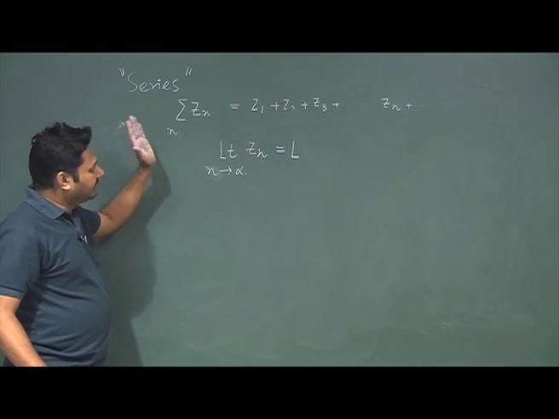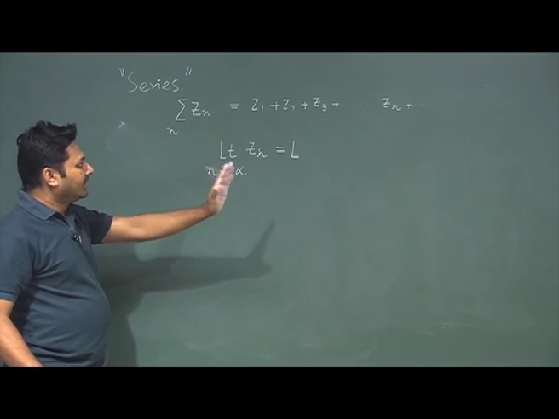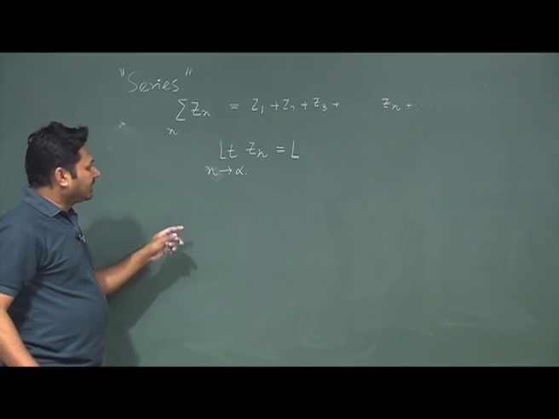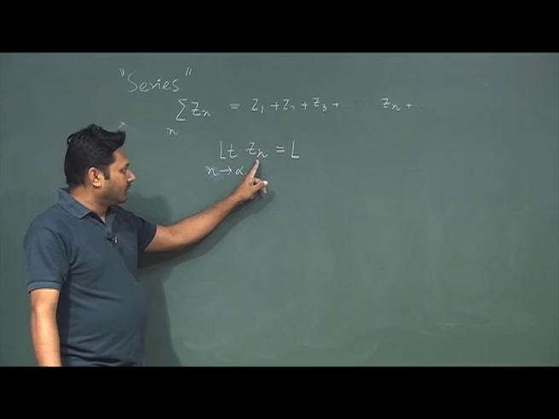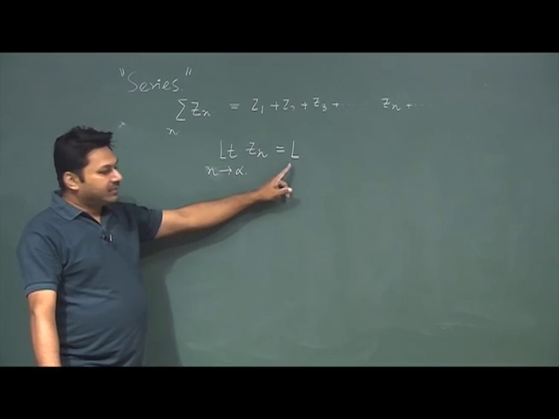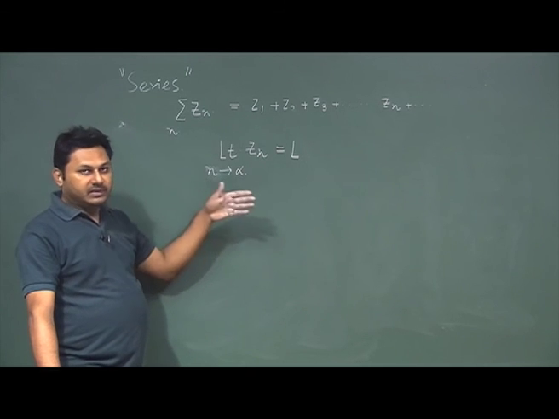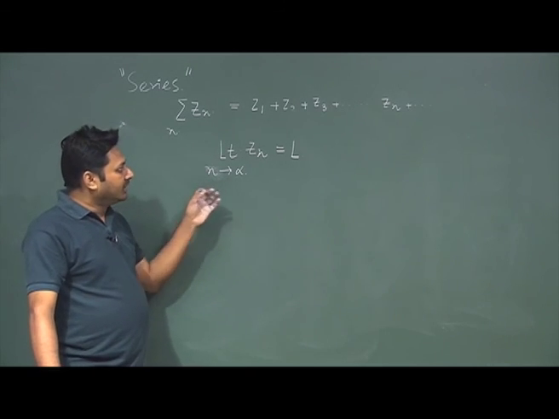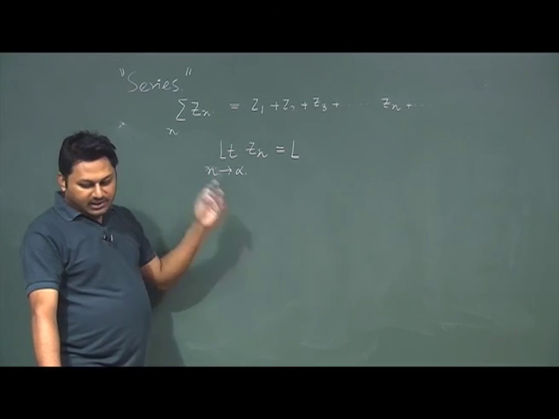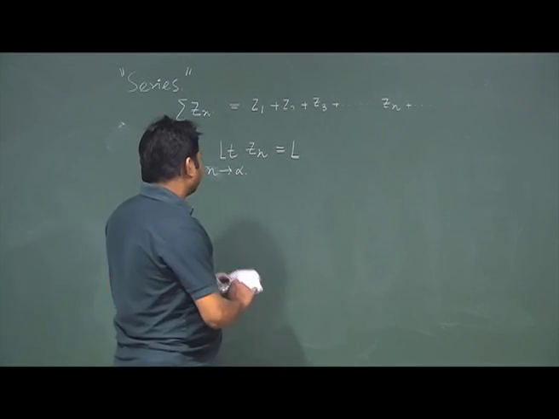That means I have different kinds of terms in my hand which I am adding, and I try to find the nth term of whatever I am adding. If as n tends to infinity it goes to some finite value, then we call this convergence.